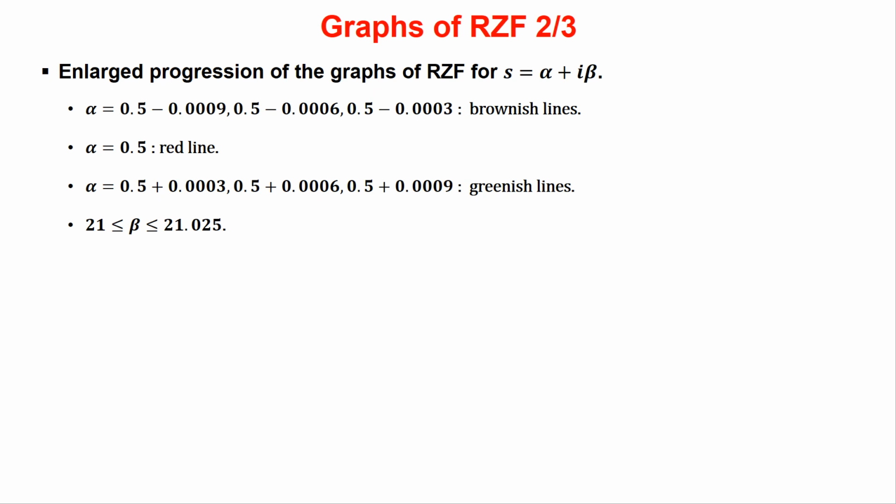The second graph also shows the progression of the graphs of the Riemann zeta function for s, but it is enlarged. We enlarged it because the gap between alphas is so small, so enlargement was required. Brownish lines are for alphas less than 1/2, and the red line is for alpha 1/2, and greenish lines are for alphas greater than 1/2, and the range of beta is given here.